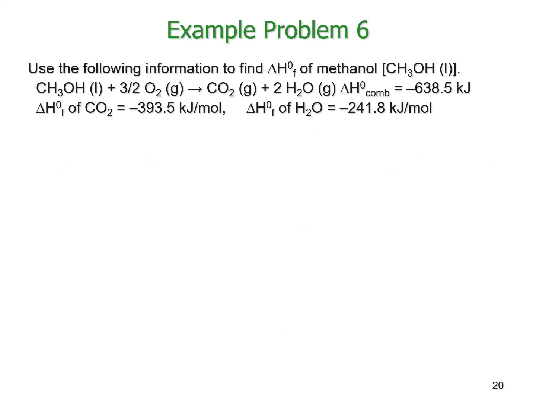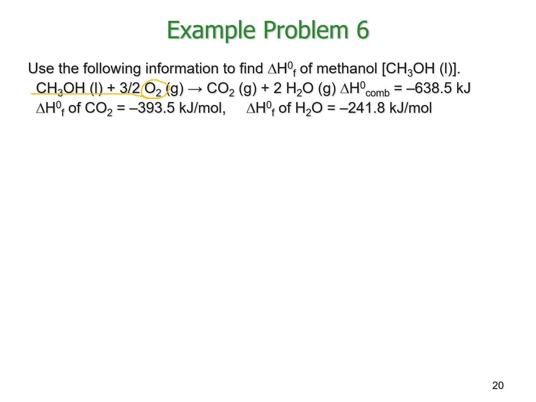Now let's look at our last example. Here, the question wants us to figure out the standard heat of formation, delta H0F, of methanol. It has this formula CH3OH. And equations are given. Apparently, this equation is a combustion reaction because we got a substance burned in air, burned in oxygen.